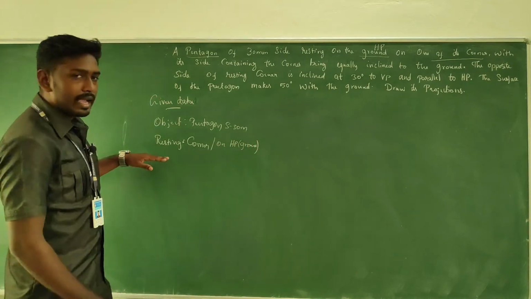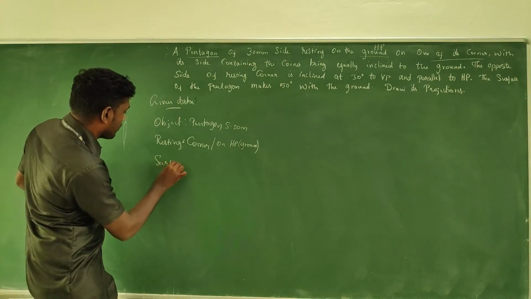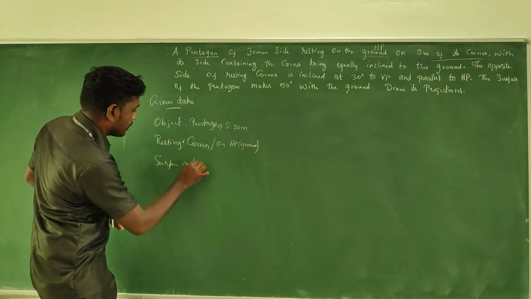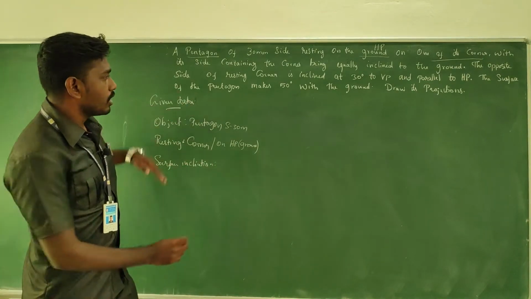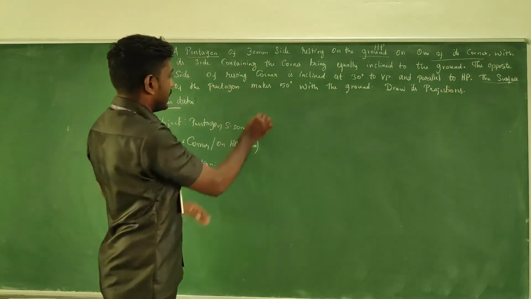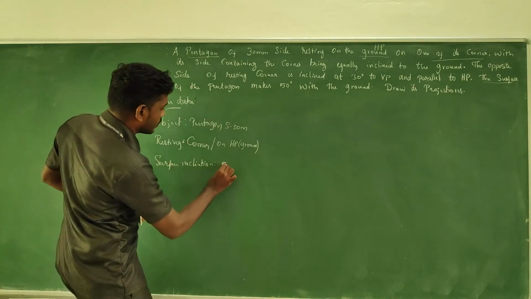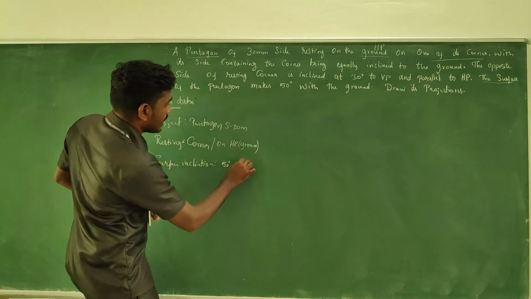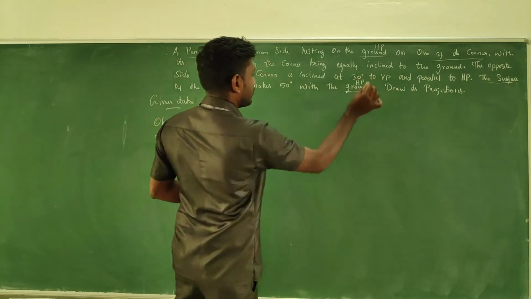Okay, fine. And next, surface inclination. Where is it inclined? The surface of the pentagon makes 50 degrees with the ground. So it is inclined 50 degrees to HP.